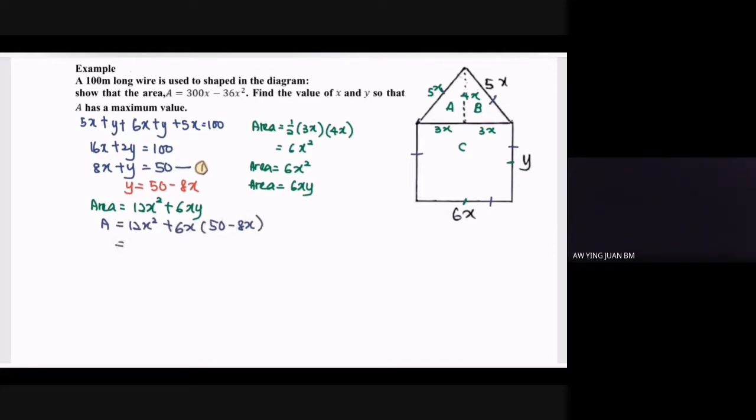Expand the situation, so we will have 12x squared plus 300x minus 6 multiplied with negative 8, which gives 48x squared. Kindly simplify and we will have 300x minus 36x squared. So here we have shown that area equals to 300x minus 36x squared.